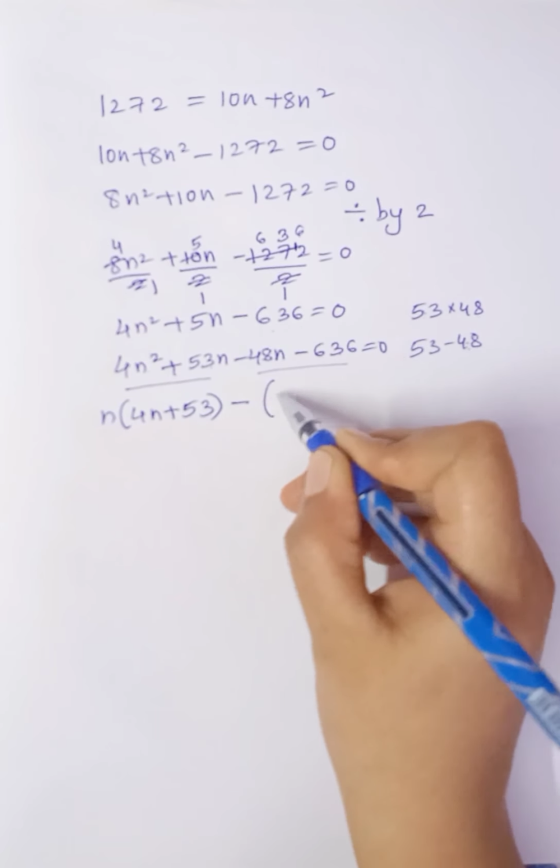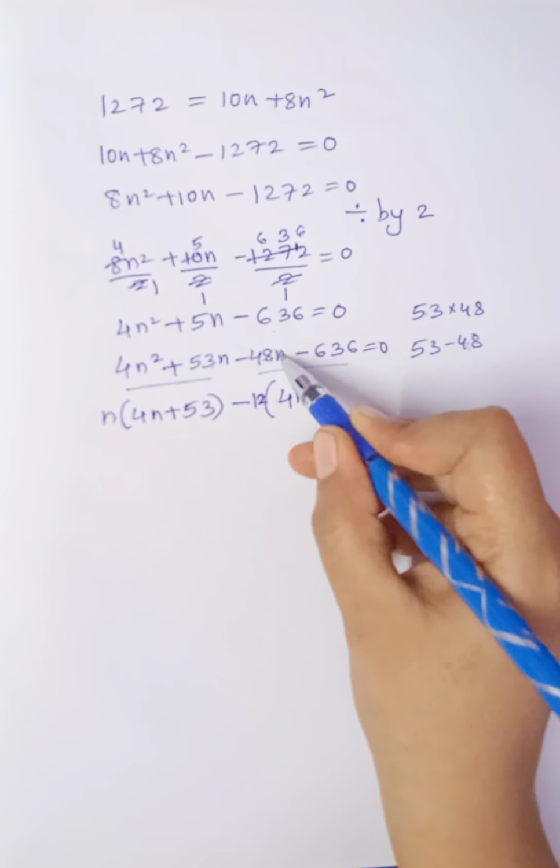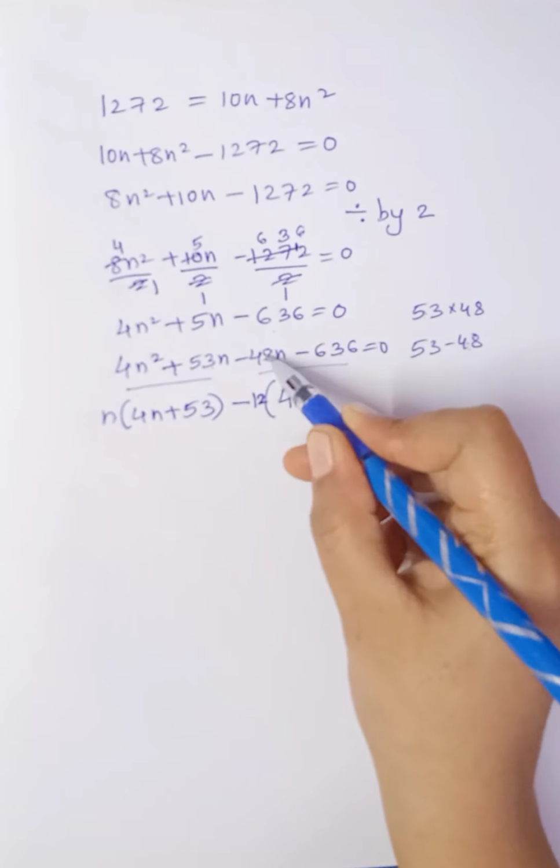Now the question is whether you are going to take minus or plus. See, you may think that here it is negative, so here it will be negative. No, it's wrong. Why have I taken negative here? Because here it is a negative number. So minus 12 into 4 is minus 48n. 12 4s are 48. So here it is negative.